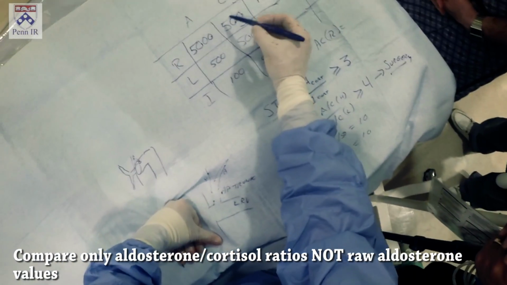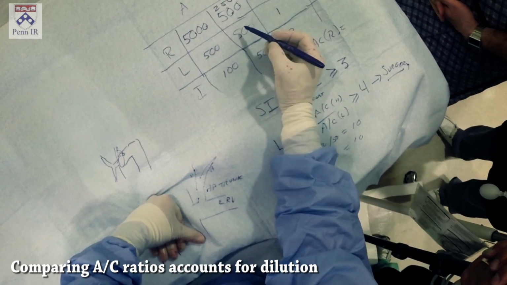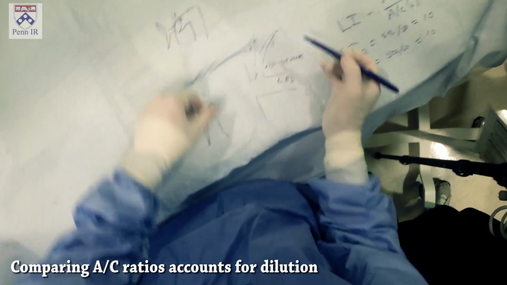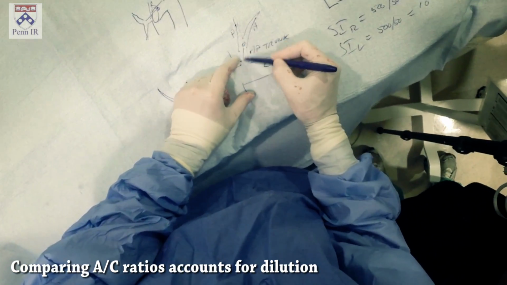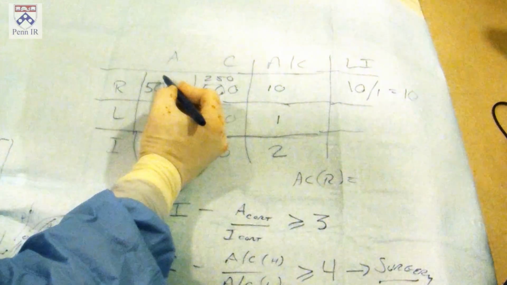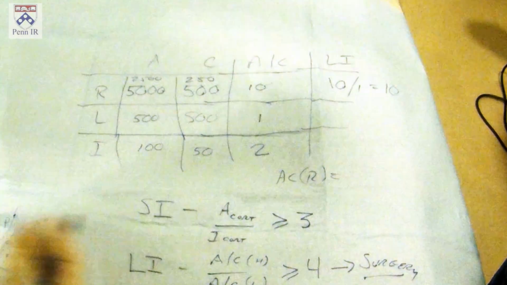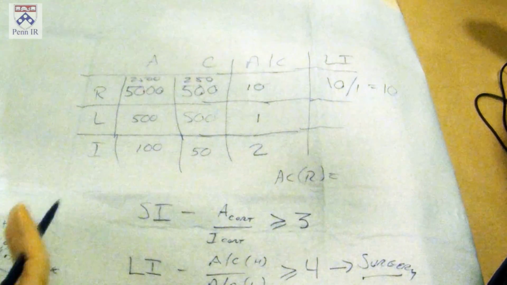But if this was diluted and it was only say 250, because of dilution here, or on the left side because of dilution because we took it from the common trunk, okay, this should also be diluted to the same amount, so this would be 2,500. So your AC ratio should still be the same, right? So that's kind of all the math of how this works.